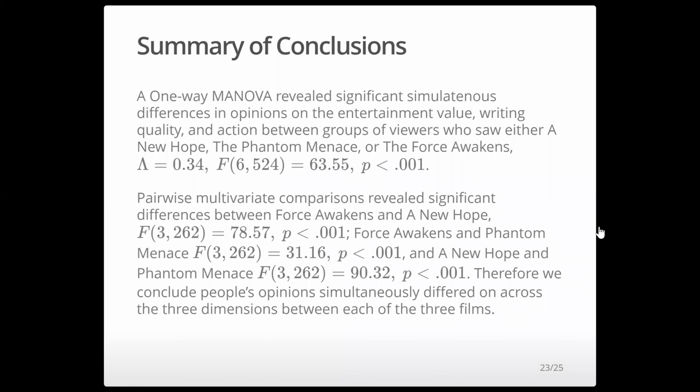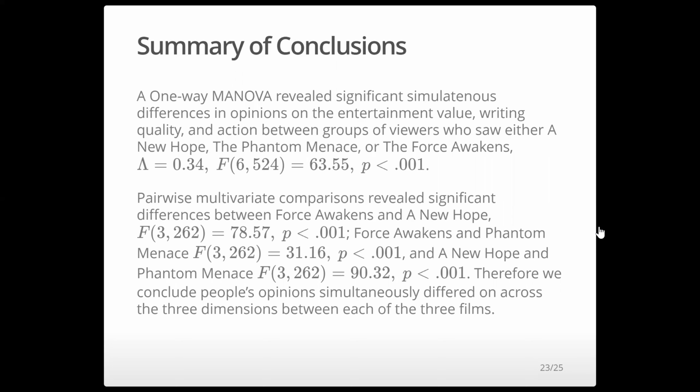So just as a summary of the work that we did in our conclusions, we started with a one-way MANOVA, and that revealed that there were significant differences in opinions on the entertainment value, writing quality, and action, which are our three variables, between the groups of viewers who saw either New Hope, Phantom Menace, or Force Awakens. So these were our three groups.